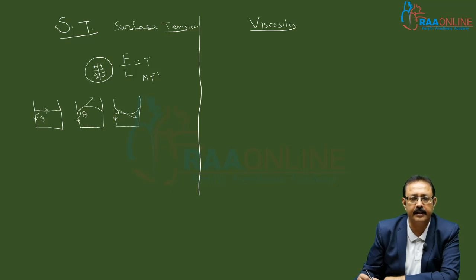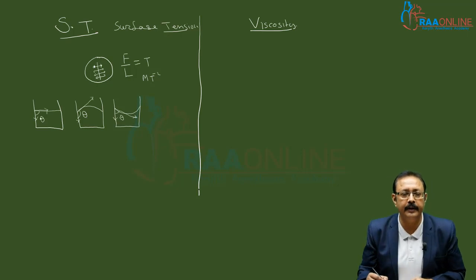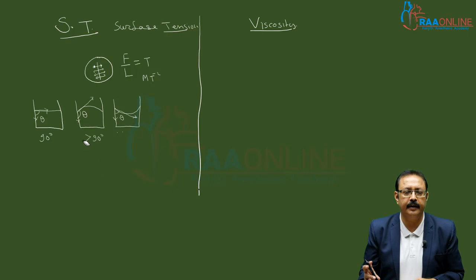In this case, it is acute, in this case, it is obtuse, and in this case, it is 90 degree. Theta is greater than 90 degree. Theta is equal to 90 degree. Theta is less than 90 degree.